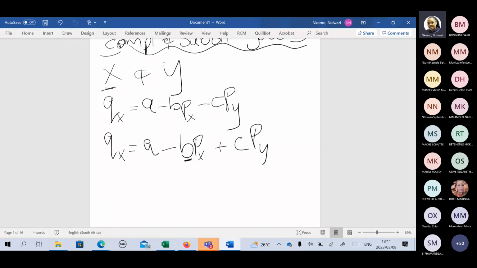I think that was a typing error. A, B, C are all constants.